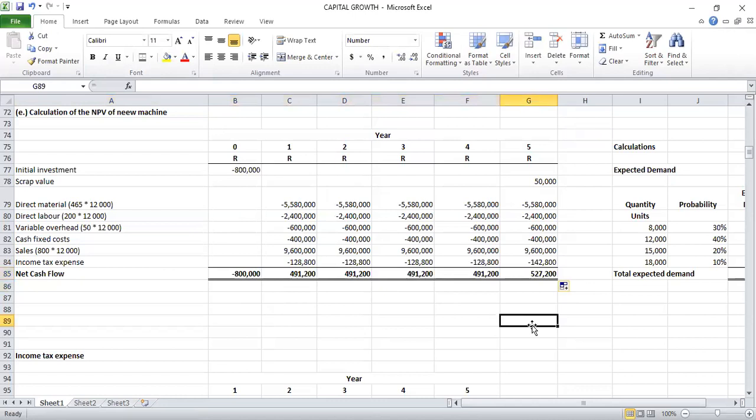Right, is that fine? Right. Then you use your discount rate to discount these cash flows.